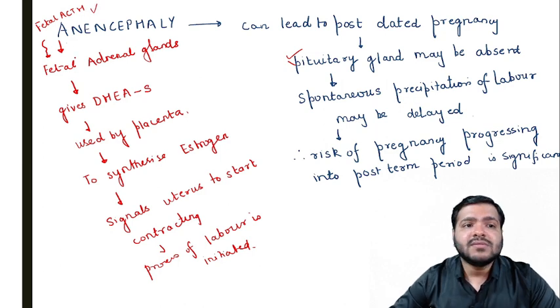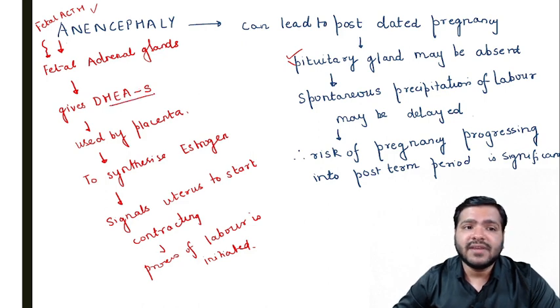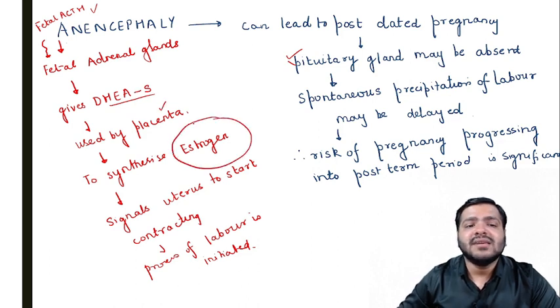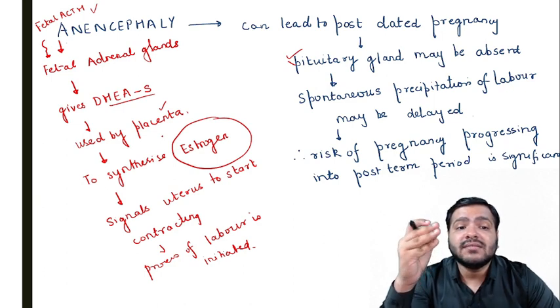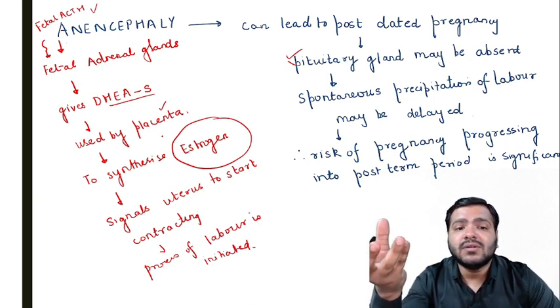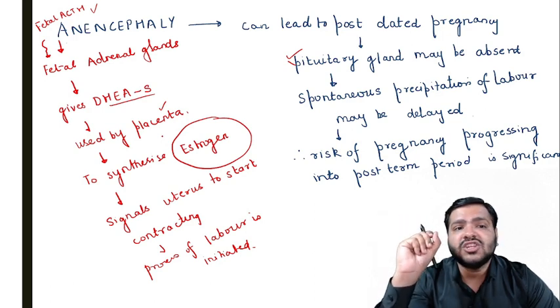Fetal ACTH will give signals to the fetal adrenal glands to release DHEA sulfate. DHEA sulfate will be used by the placenta to synthesize estrogen, and this estrogen will signal the uterus to start contraction, and that is how the process of labor is initiated.